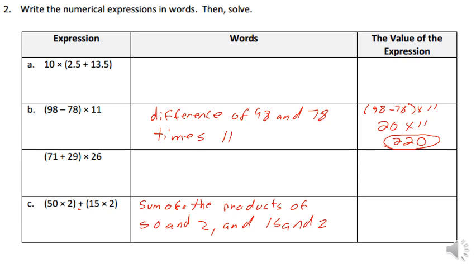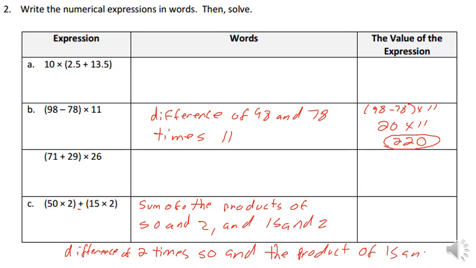You could also do 2 times 50, or you could say the difference of 2 times 50 and the product of 15 and 2.